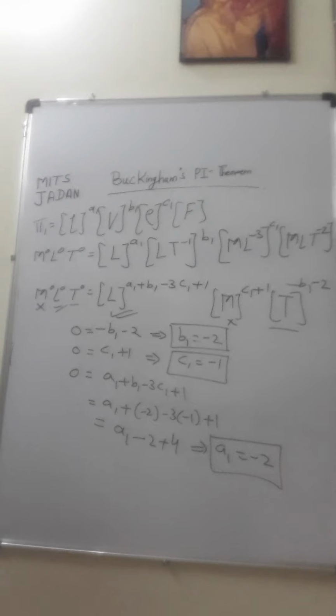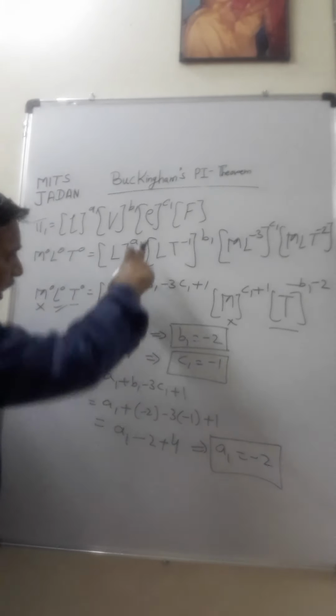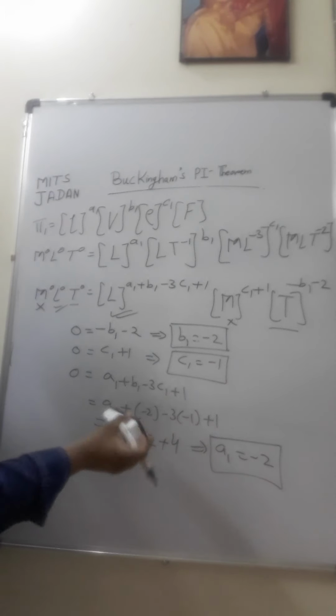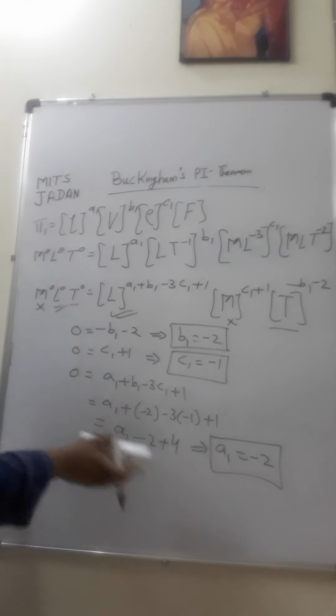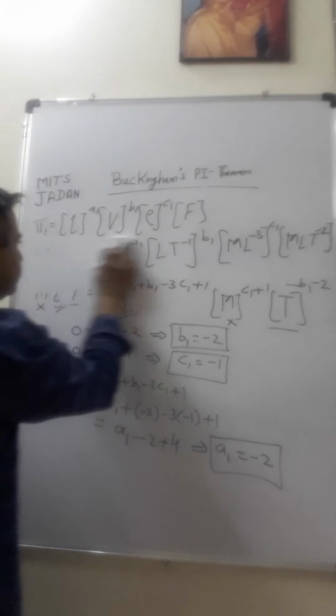Now if you have done a problem of the Rayleigh method, this entire system has been solved by the Rayleigh method only. Now I will be replacing these values over here so that I get my first pi term.